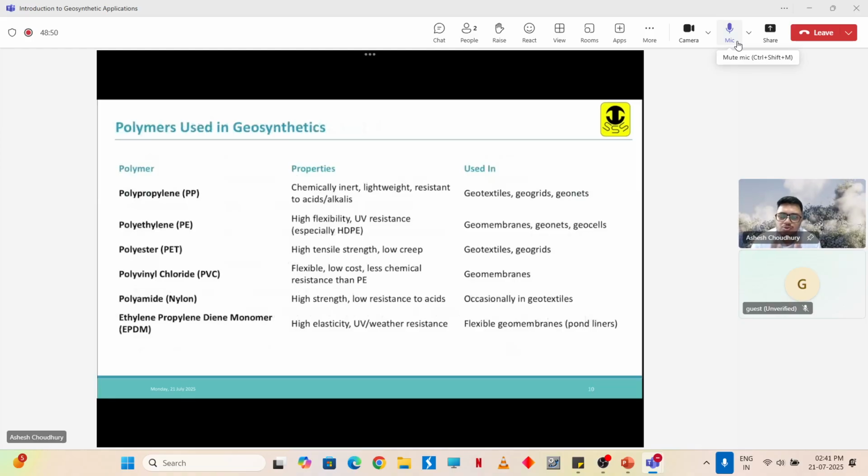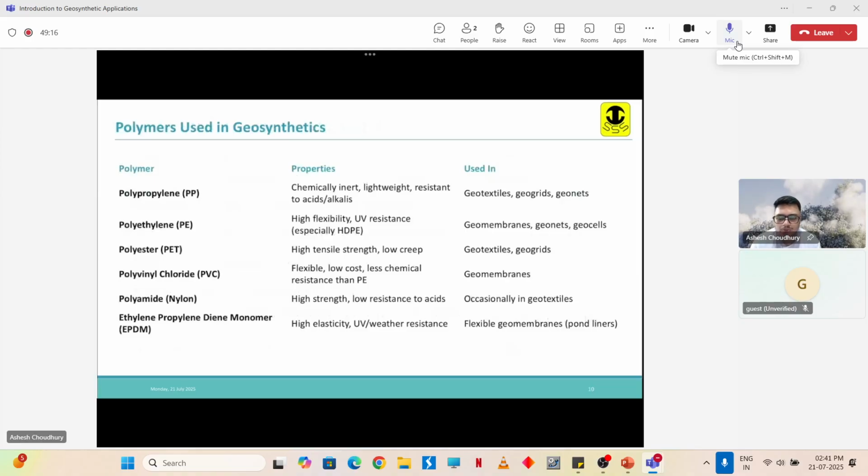You should know which geosynthetic is made up of which material and how each of these geosynthetics is manufactured. As a geotechnical engineer, it's very important for us, because when a supplier supplies some material to us, we should know what properties it has, what material it is made up of, and whether proper testing has been done for that.